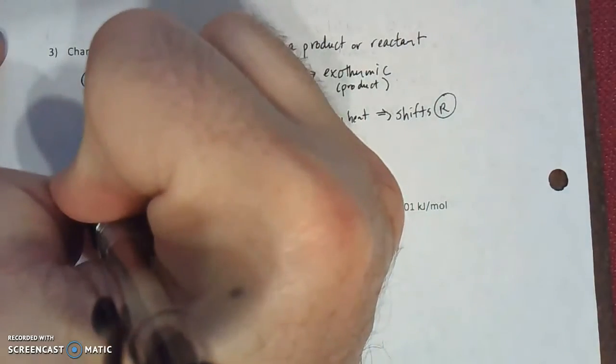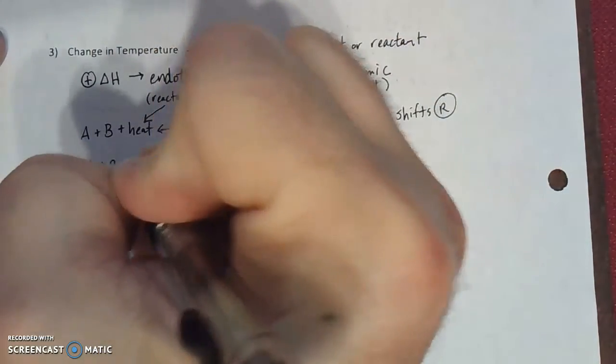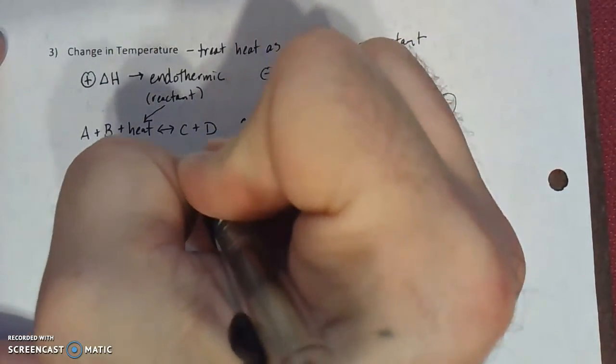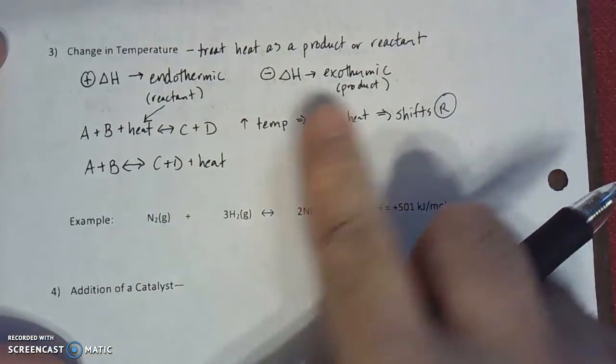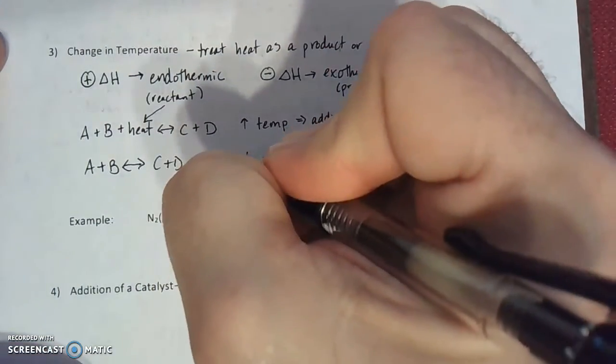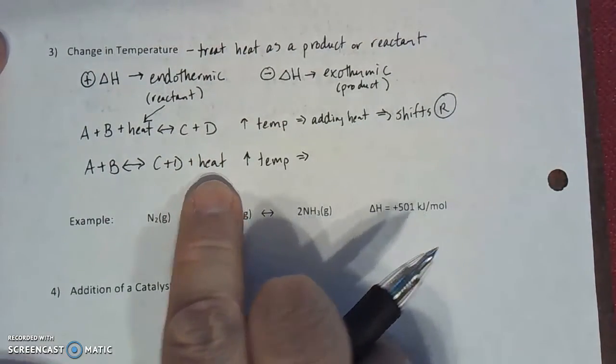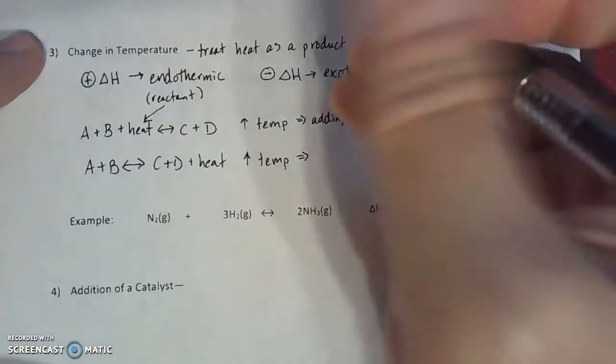If we have A plus B and we have an equilibrium reaction, C plus D plus heat, this one is exothermic because heat is given off as a product. If we were to increase the temperature here, again, it wants to get rid of it, so it's going to shift to the left.